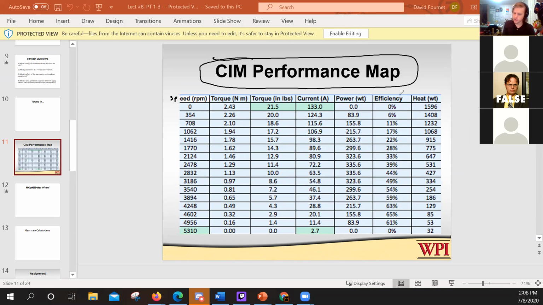So basically, we have some trade-offs here, and that's what's at the top. You have the current that you're running the motor at, the power that it's outputting, the torque, and there are two versions of torque actually, just in different units, and then you have the speed. Efficiency and heat we'll look at later on, but not quite yet.